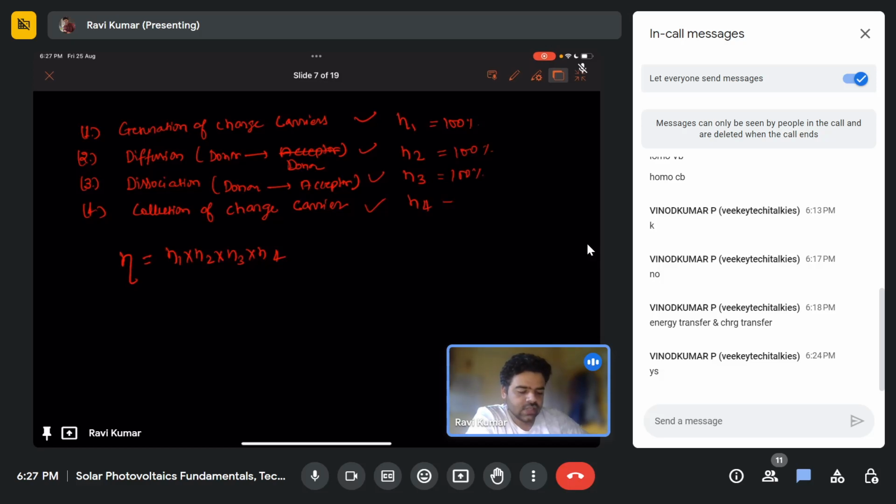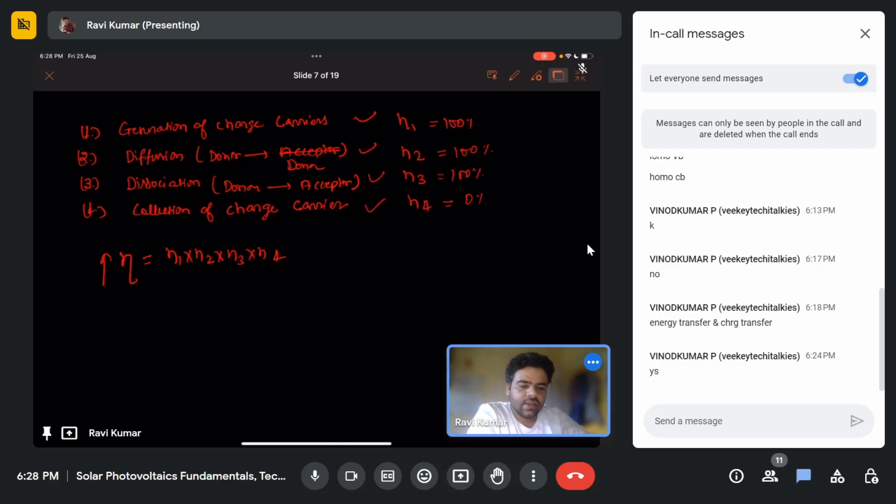But in the charge collection, due to something, we have 0% efficiency. So the overall efficiency will be 0. So it should be optimally obtained, so that each efficiency is maximized.